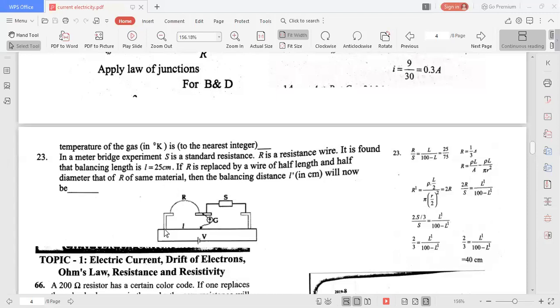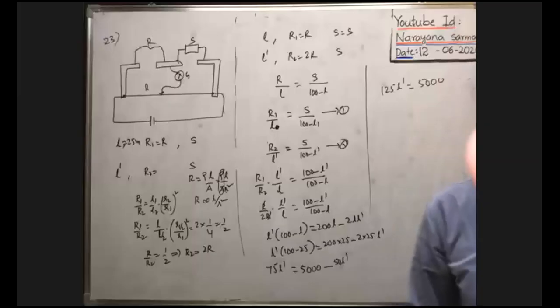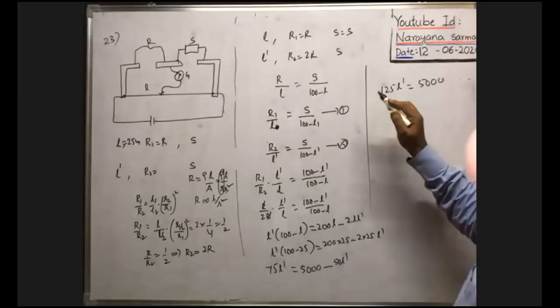Therefore, 125 L dash is equal to 5000, because we have substituted the total length in centimeter only, L in centimeter. That's why you will get L dash also in centimeter.